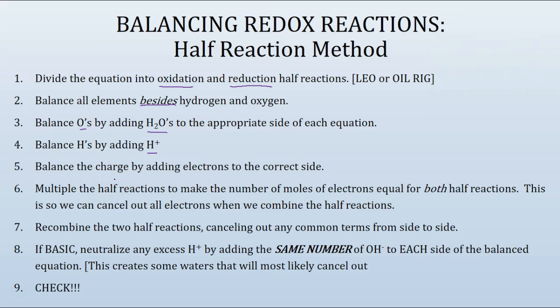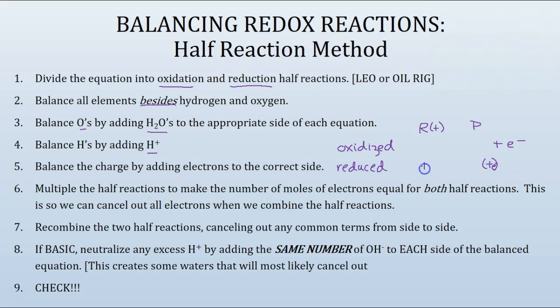So if we're oxidized, that means we've lost electrons. That means the reactant side has more electrons than the product side. So we're going to be adding the electrons for oxidation on the product side. For a reduction reaction, there are fewer on the reactant side than the product side. We have more electrons on the product side.